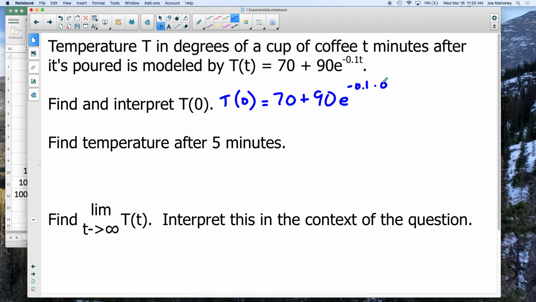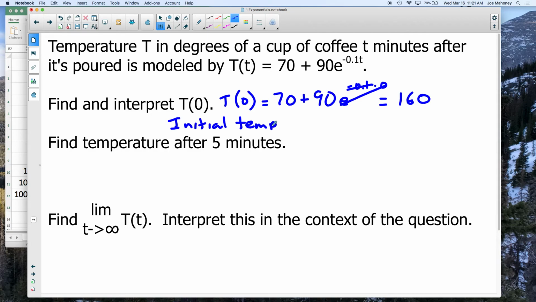So this becomes e to the 0 power, really, which is 1. So e to the 0 is 1, so we get 70 plus 90, which is 160. So what do you think that means? Let's interpret it now. What does that represent? Well, that might be the initial temperature. So maybe when we first made that coffee and stuck a thermometer in it, it was 160 degrees.